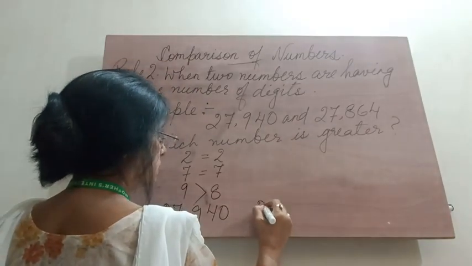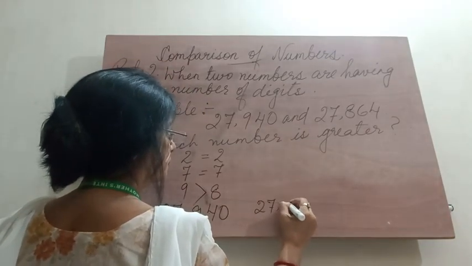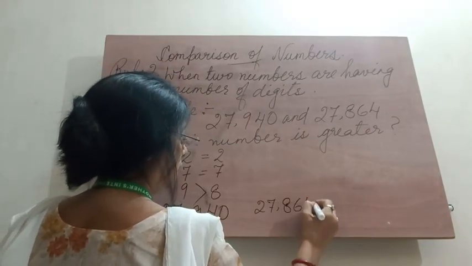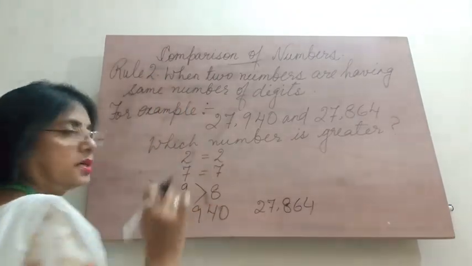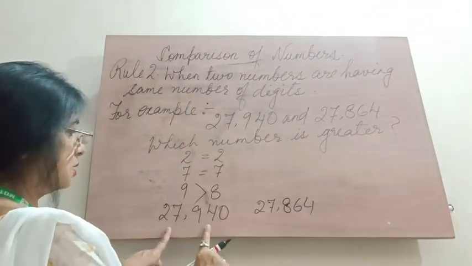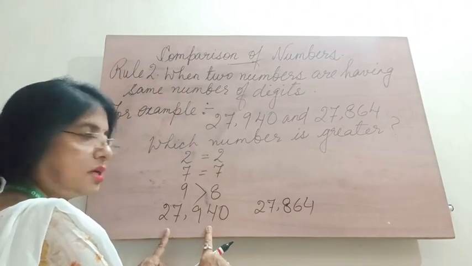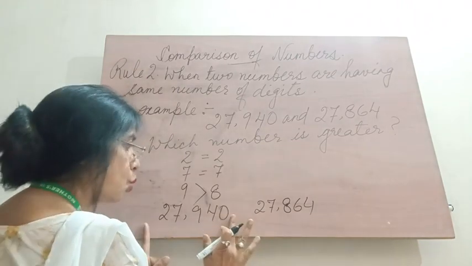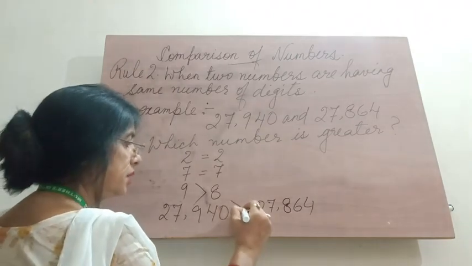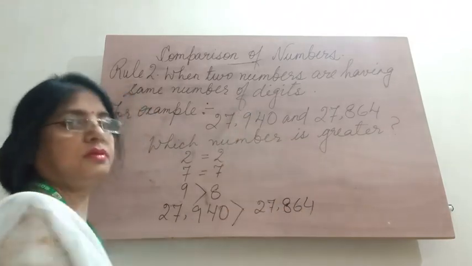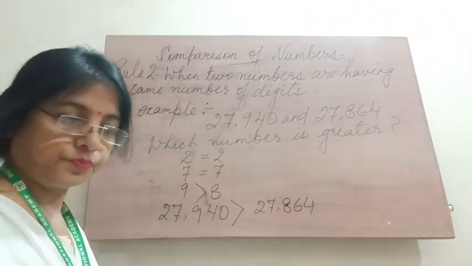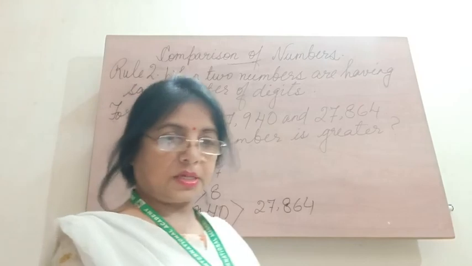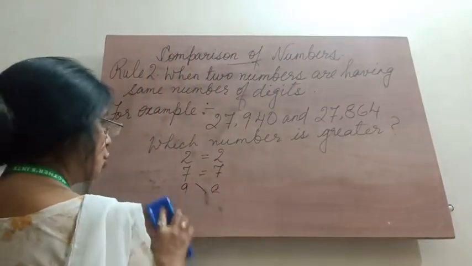If 9 is greater than 8, obviously the first number has the digit 9, so this whole number will be greater than the second. Now, for this same rule, I am going to take one more example.